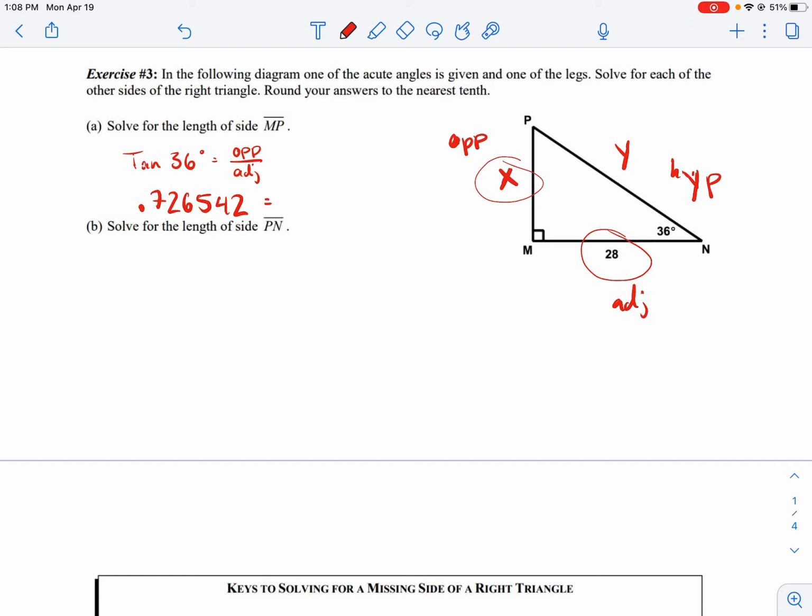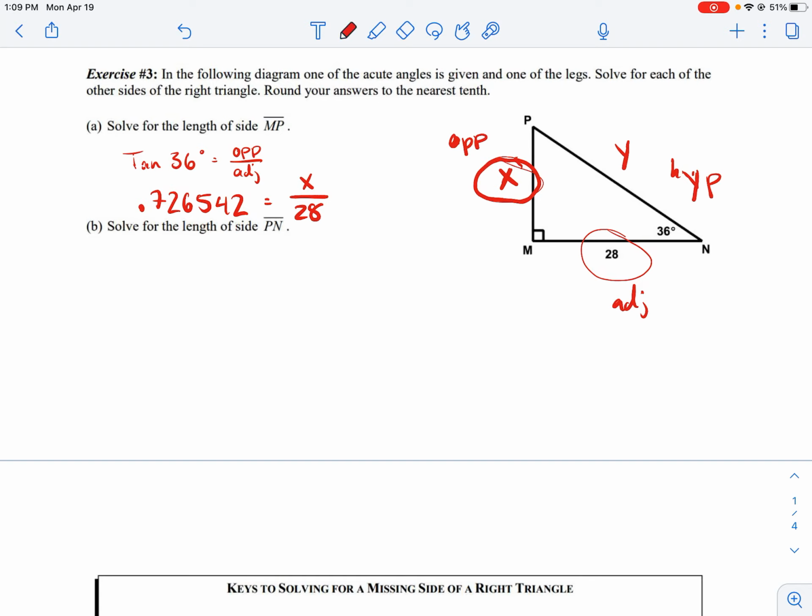Now, we don't know what our opposite is, so I'm going to put the x there, but our adjacent side is going to be 28. So there's some number x, such that when I put that number in there, it'll create this particular ratio, the ratio for the tan of 36 degrees.